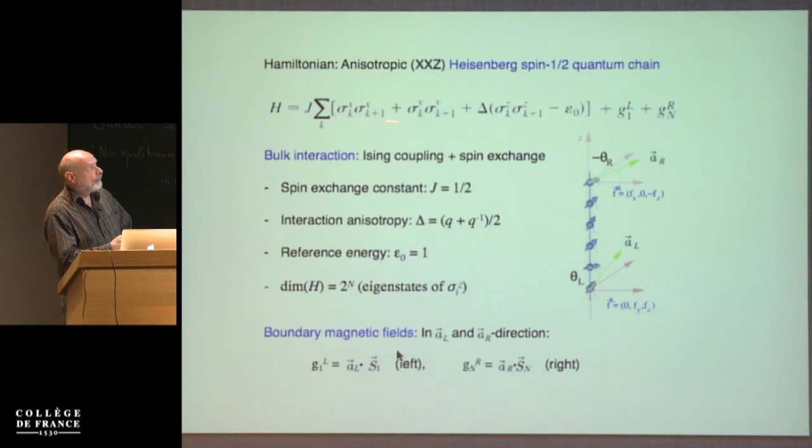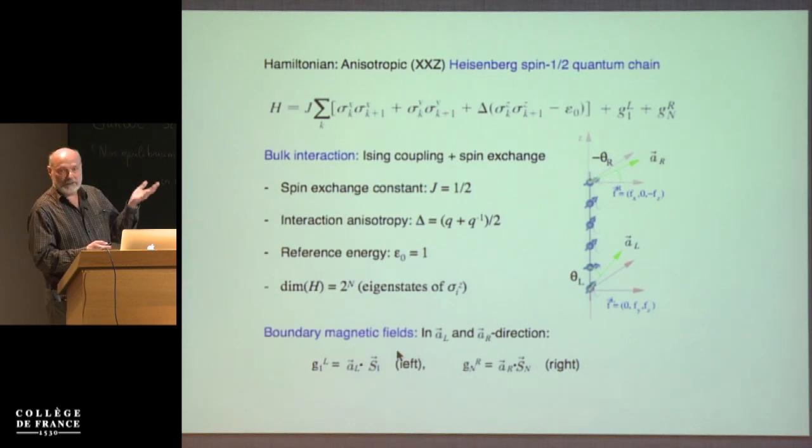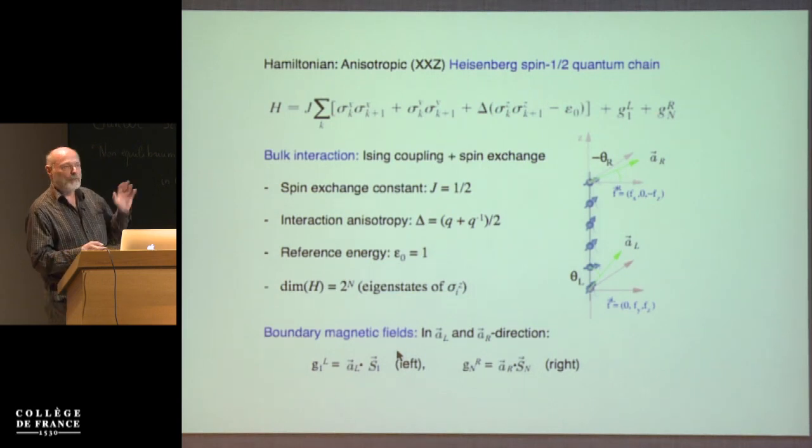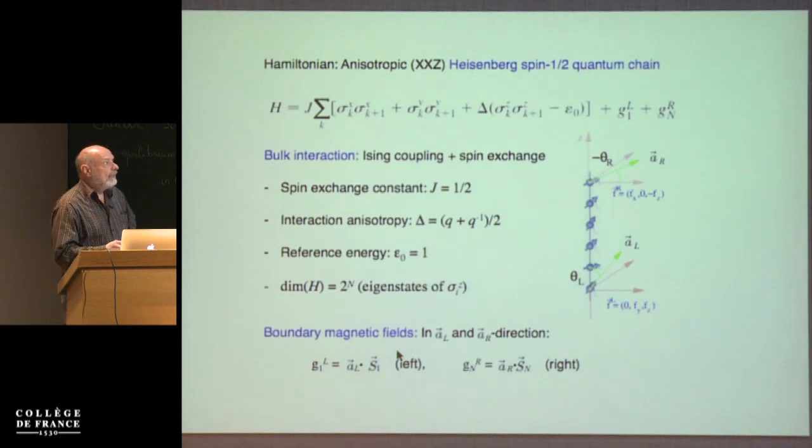Here this one can be different from those because, remember, the spin chain is embedded in the crystal, so you can have different coupling constants in different directions. We look at the simplest setting here because this has a global conservation law, namely the z component of spin will be conserved. And then we can also allow for boundary fields which come from tracing out the environment, so you may have some remnants of this acting on the boundaries.